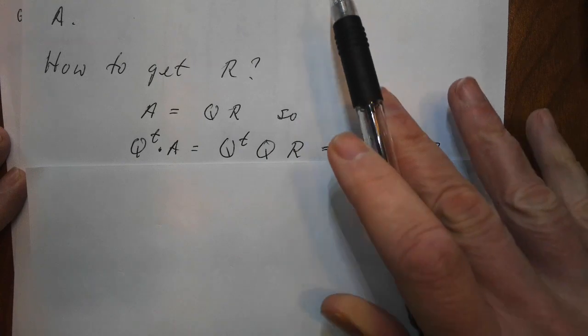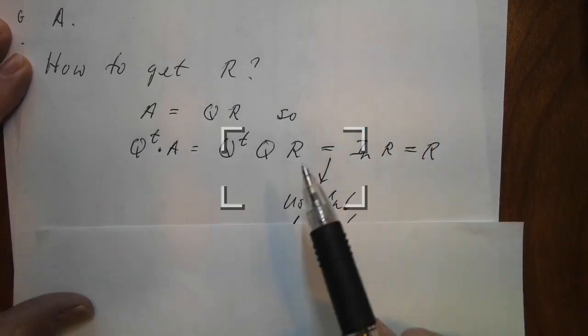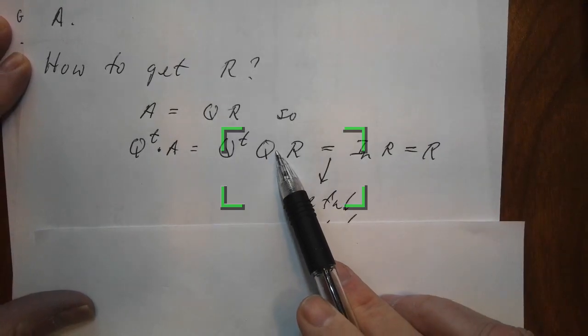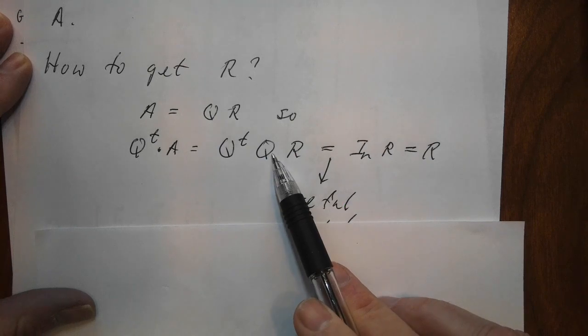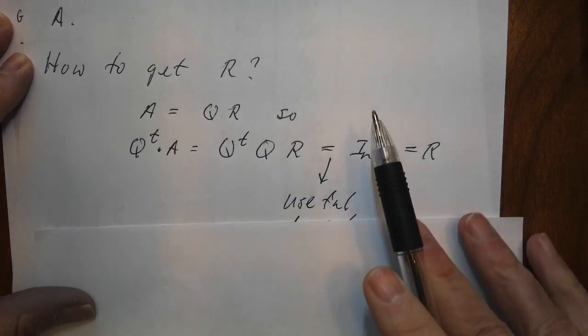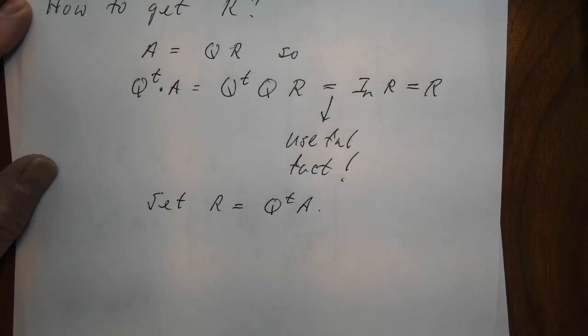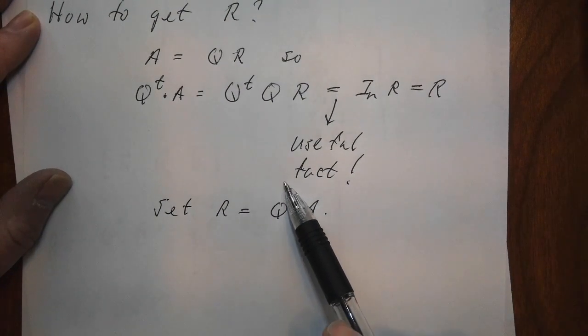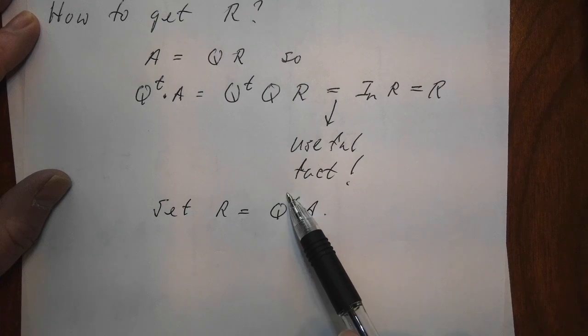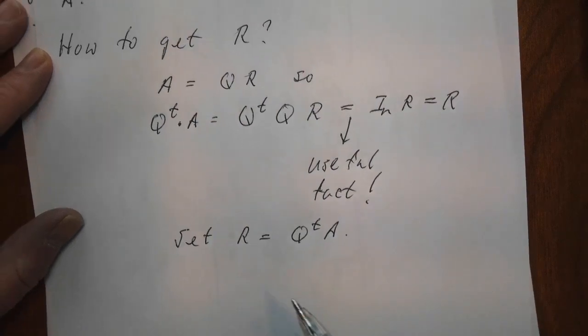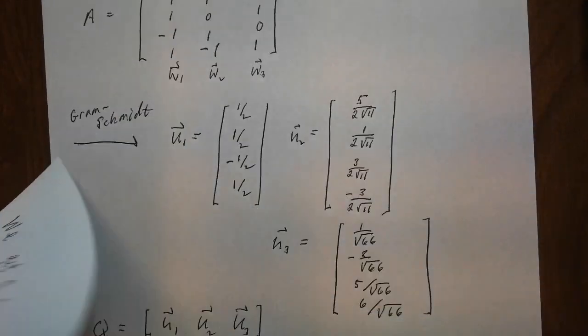But we know from our useful fact, at the very beginning of the video, that Q transpose times Q is the identity matrix because its columns are orthonormal to one another. Okay, so we get R. So once we start with A, we perform Gram-Schmidt to construct our matrix Q, and then R would simply be Q transpose times A.